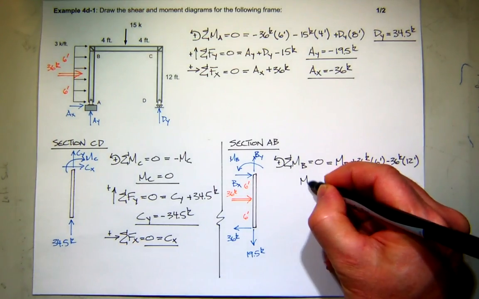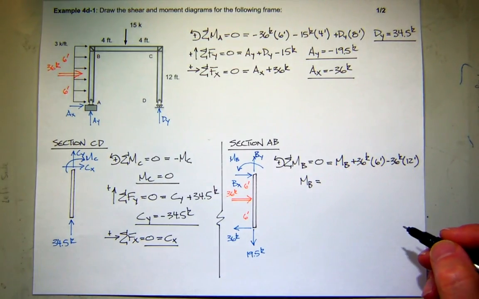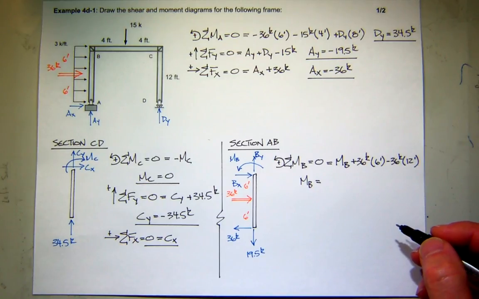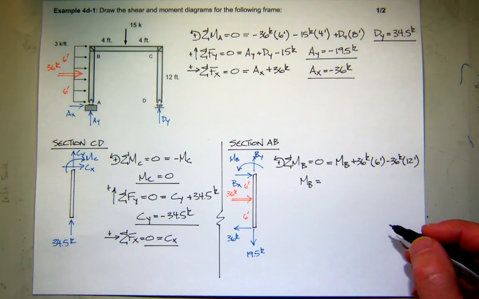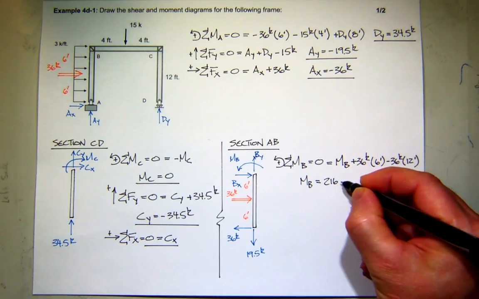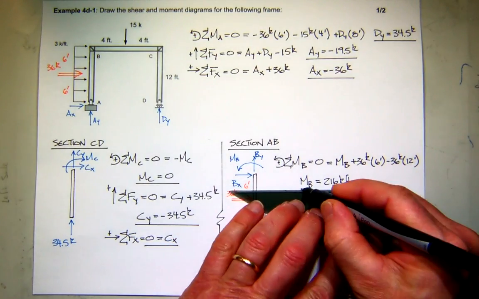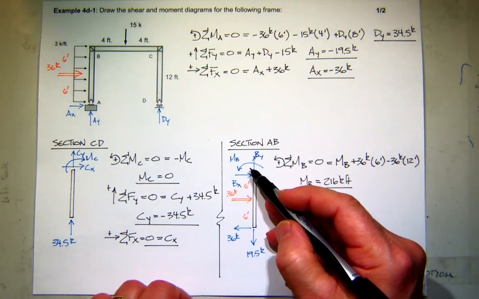So the moment at B looks to be positive and looks to be 216. That's 216 kip feet. Now the positive just means that I've assumed the right direction here.